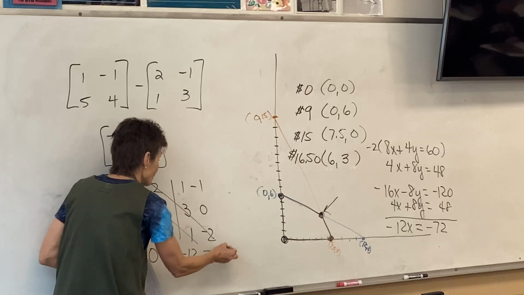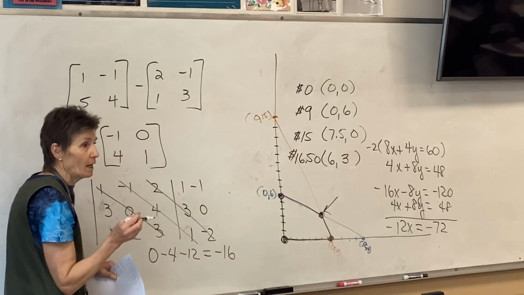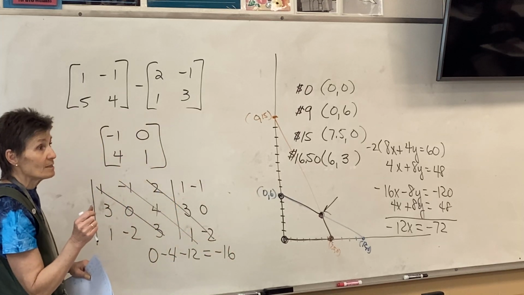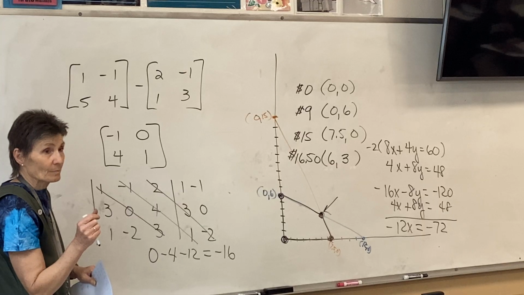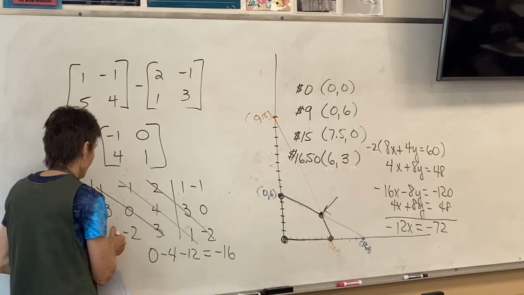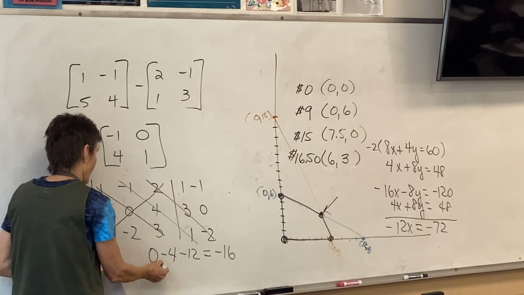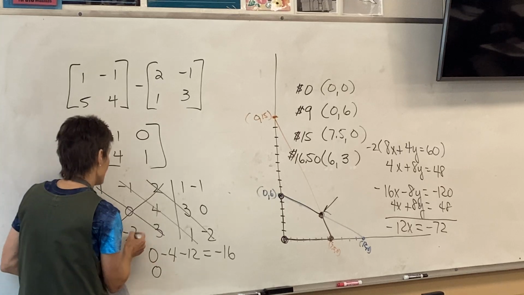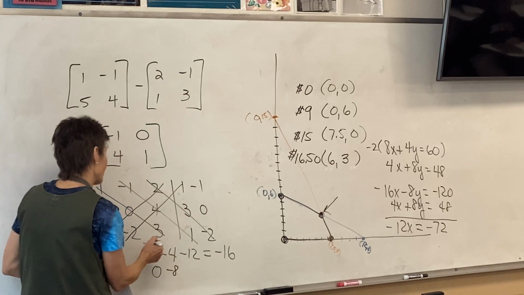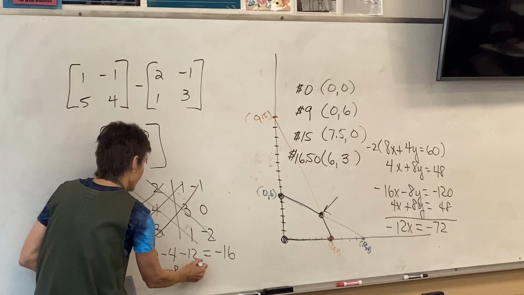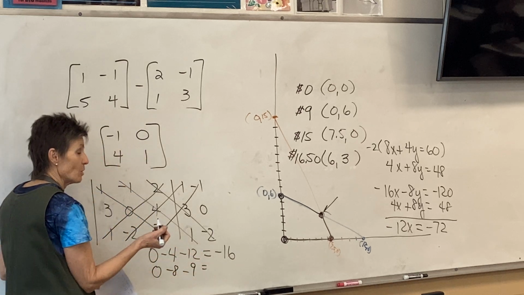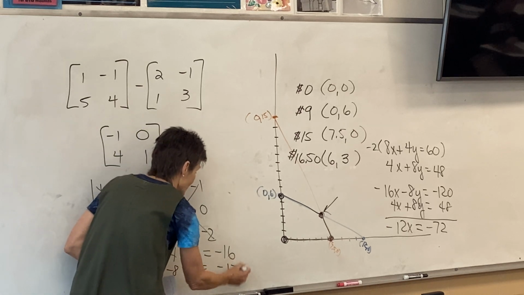So that gives me a grand total of -16. And then the other way, I get 0, -8, and -9. That gives me a grand total of -17.